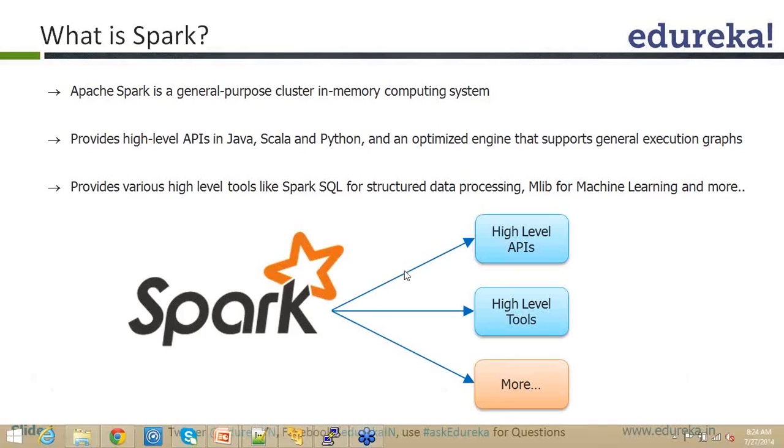So Spark, what exactly is it? Spark is a general purpose, in-memory computing system, and that too in a distributed manner. If I put them together, it's basically a cluster in-memory computing system overall.